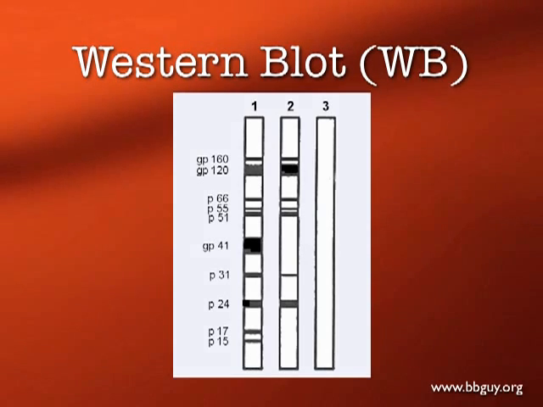From this point forward, just so you know, anytime I say EIA, I also mean EIA or chemiluminescence. I just don't want to keep saying that over and over. Now, with that being said, let's move on and talk about Western blot. Western blot is used in our blood bank testing for one specific reason, and that's for confirmation of reactive EIAs for HIV, specifically for anti-HIV. It's very similar, the Western blot is, to EIA in principle.